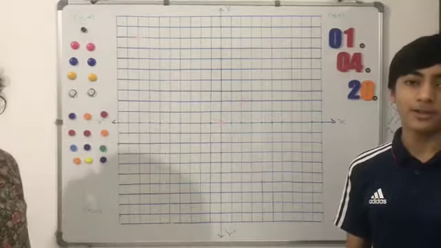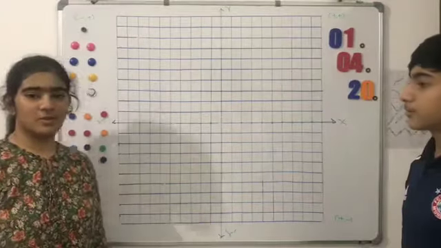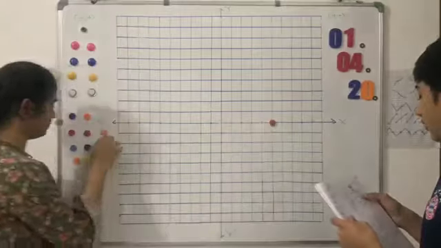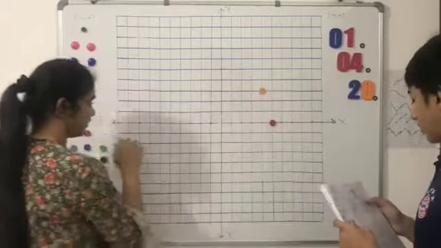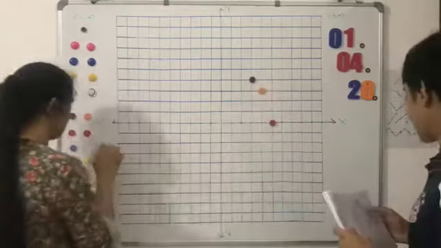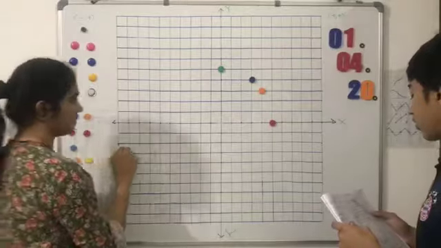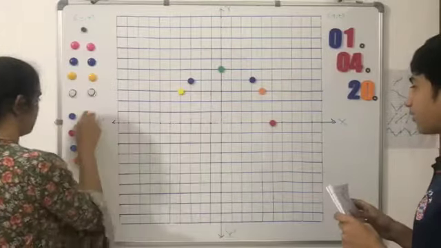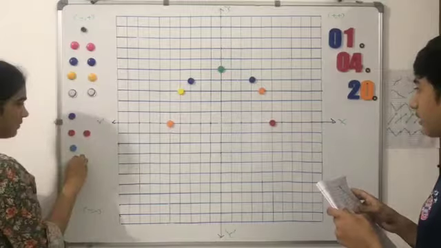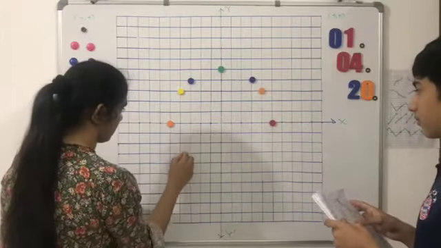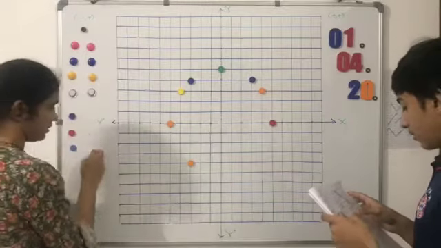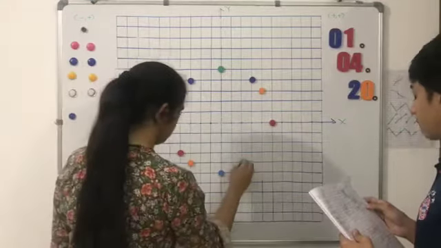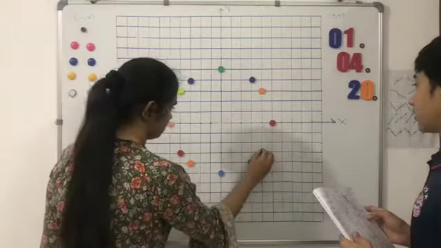Now we will plot a circle of radius 5 with the origin as center. Its equation will be x squared plus y squared equals 5 squared. The points are (5, 0), (4, 3), (3, 4), (0, 5), (-3, 4), (-4, 3), (-5, 0), (-3, -4), (-4, -3), (0, -5), (3, -4), (4, -3).